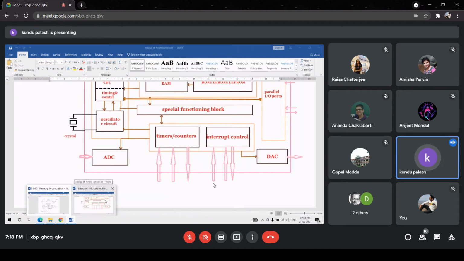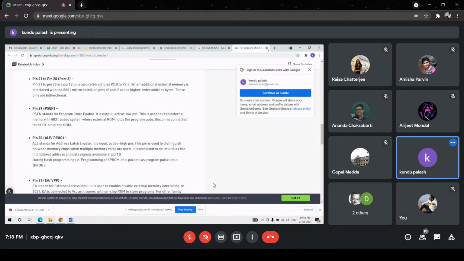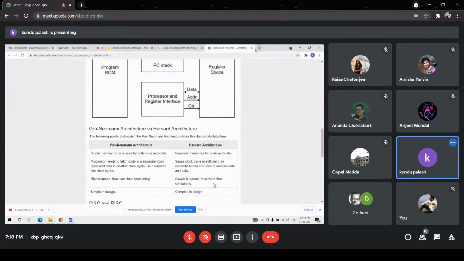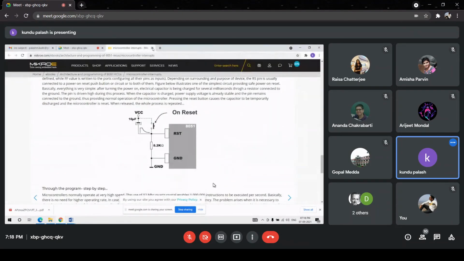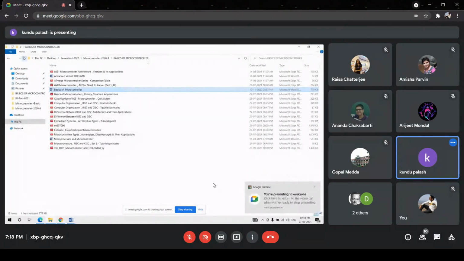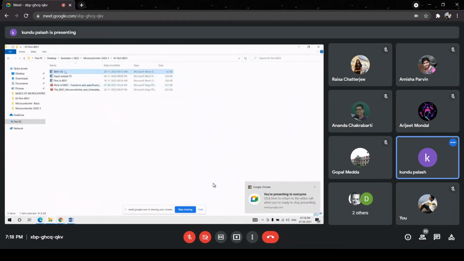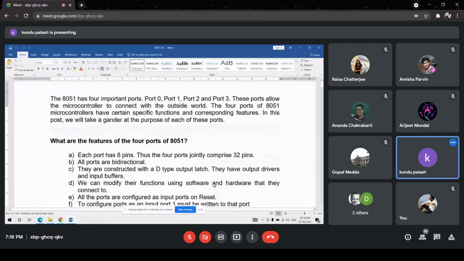Now, what about the IO ports? Already I have discussed, there are 4 IO ports.